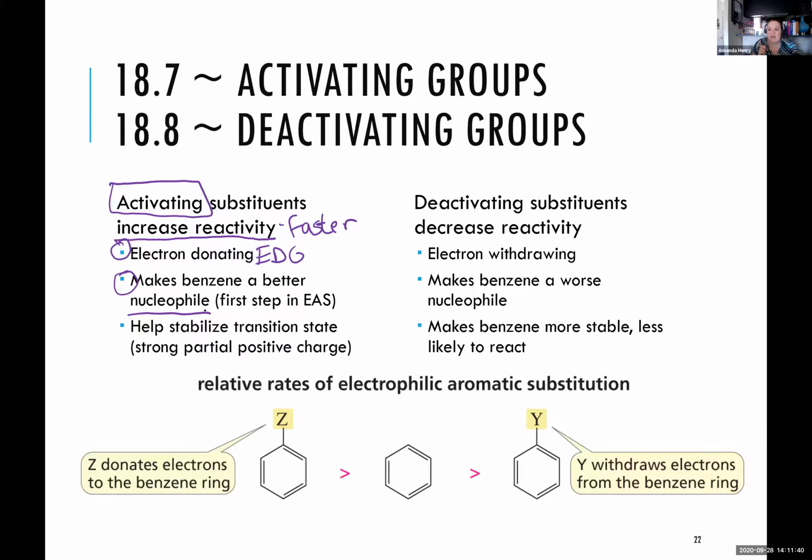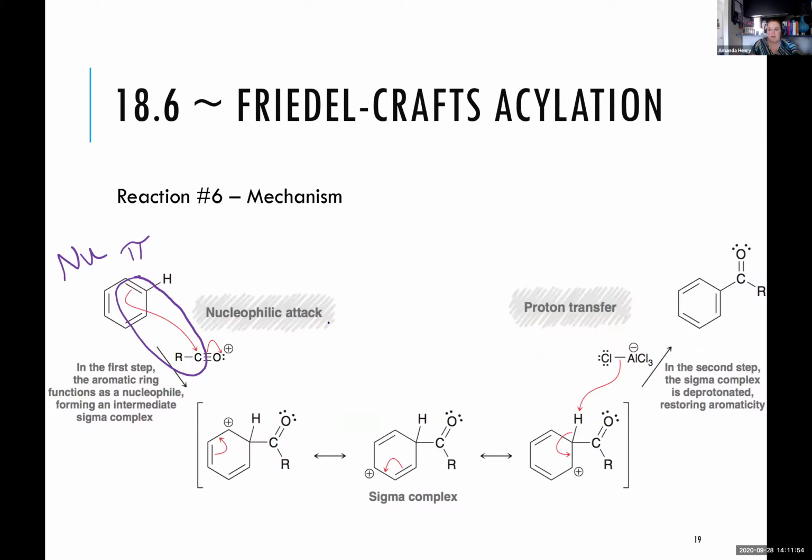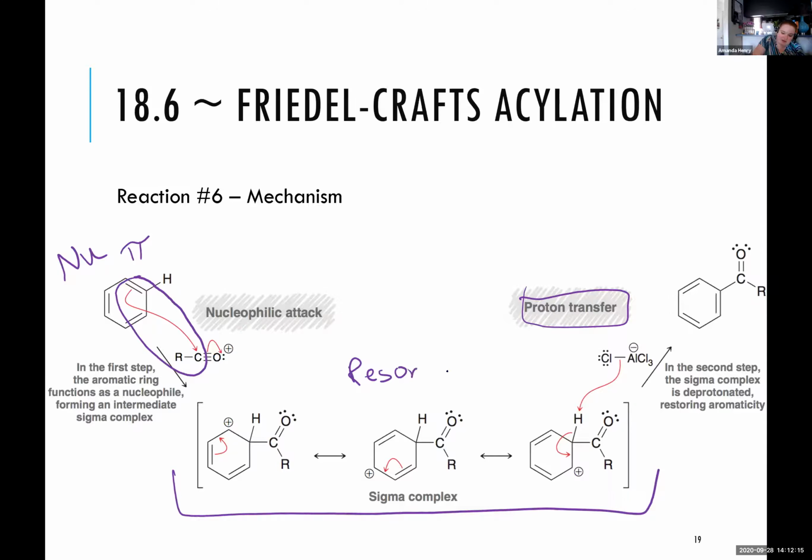The other way that they can make the reaction go faster is they help stabilize that transition state. So I'm going to go back to that mechanism again. So we have three parts to our mechanism. We had that first nucleophilic attack. We had the resonance of our carbocation transition state in the middle there, and then we ended with the proton transfer. So if we look at the resonance of our carbocation, two things I want to point out.